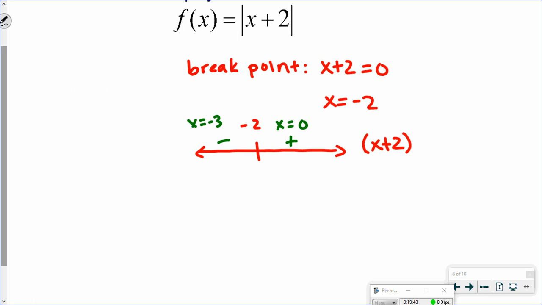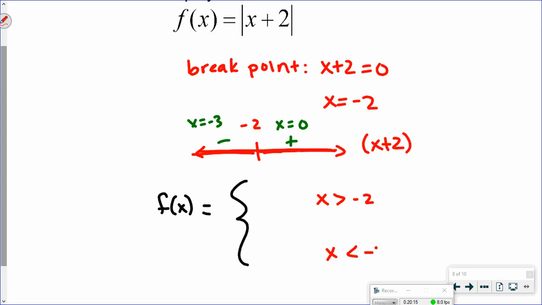Okay, so we're going to start writing out what we just had. Let's start with our domain, the inequality part, first. This side is where x is greater than negative 2. This side is less than negative 2, so that's x is less than negative 2. One of these needs an equal to, so I'll put that there.